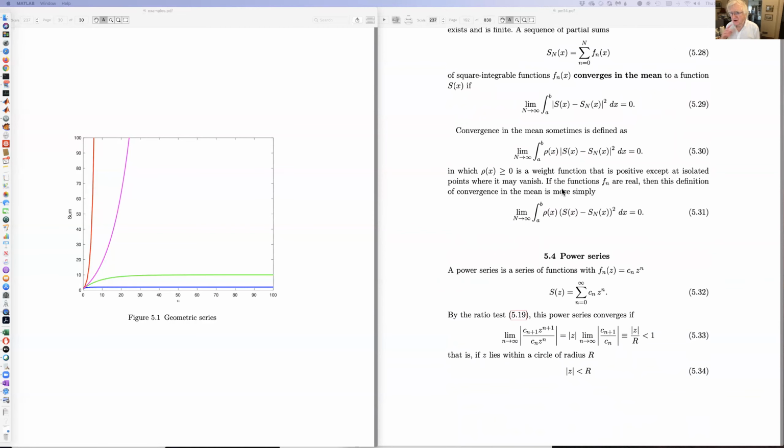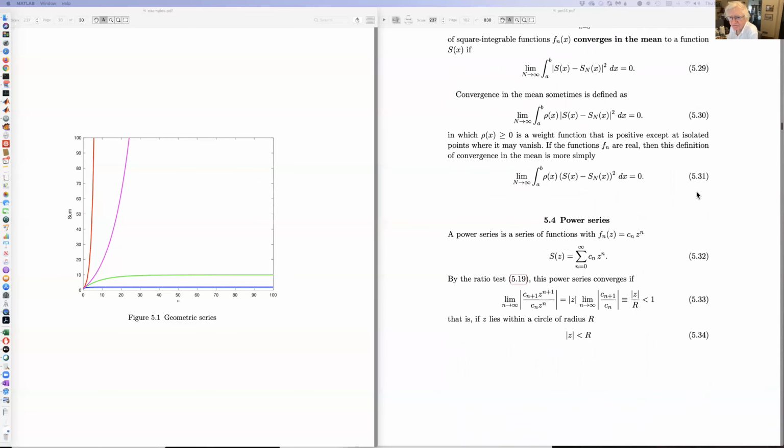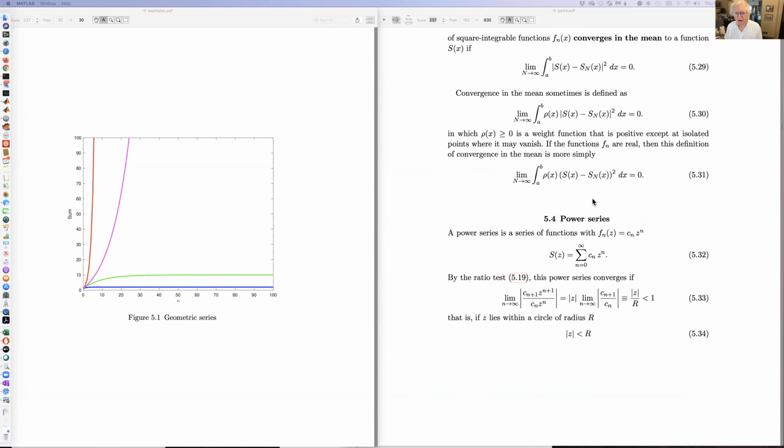And sometimes instead of having this simple definition, we put in a weight function that's non-negative, and so that's a more complicated definition of convergence in the mean. And if the functions are real, then you don't need absolute value squared. You can just square it.